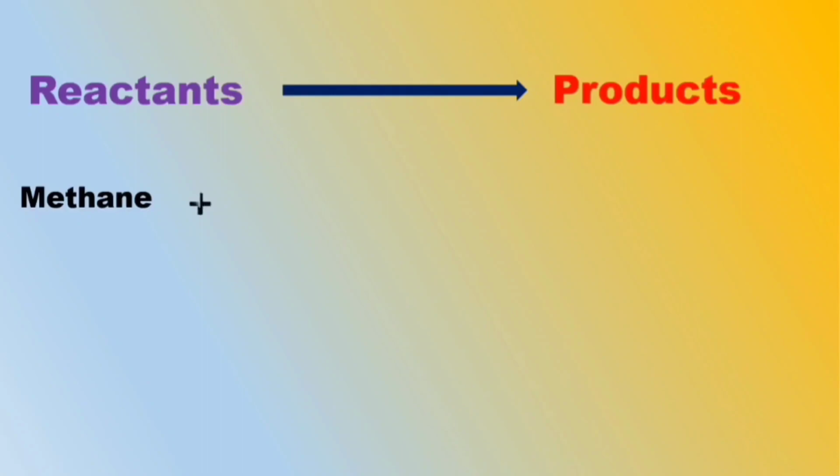But this is also an incomplete chemical equation because the law of conservation of matter states that matter cannot be created or destroyed. You cannot create new atoms by a chemical reaction. In contrast, they are rearranged in different ways by a chemical reaction to form new compounds.